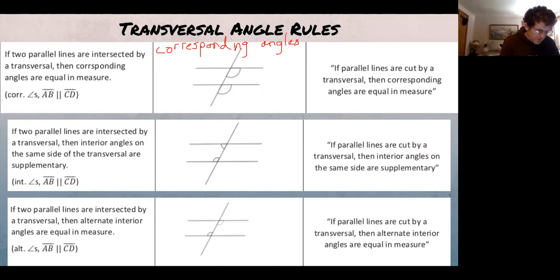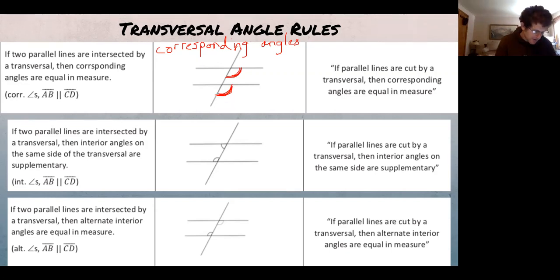Here's an example of corresponding angles right there, but those are not the only corresponding angles that we have in this diagram. So notice that this angle right here is on the bottom right of its intersection. And this angle down here is on the bottom right of its intersection. So their positions correspond to each other.